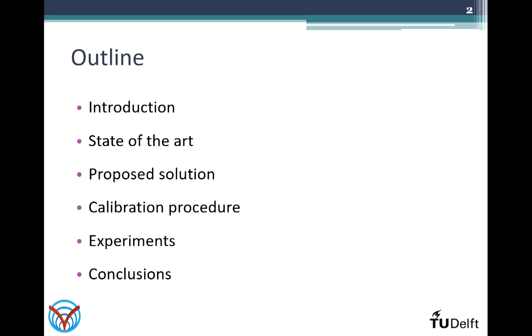We will then look at what's available in the literature to solve these issues, and I will present our solution and show a calibration procedure. We will then have a look at the experiments we performed, and I will bring you to conclusion.